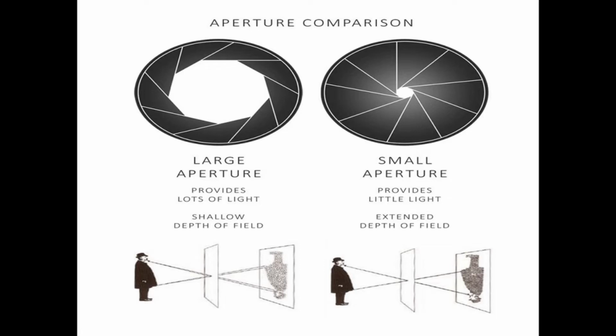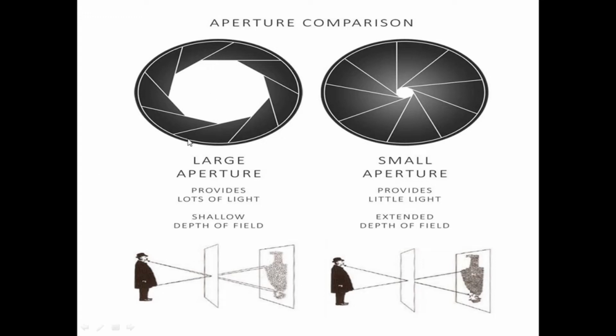But here the diaphragm controls the aperture, just as the iris controls the pupil of the eye. In a similar manner, the diaphragm controls the aperture here. This is my larger aperture, this is my smaller aperture. Larger aperture means, can I say it is nothing but a larger pupil in terms of the human visual system?